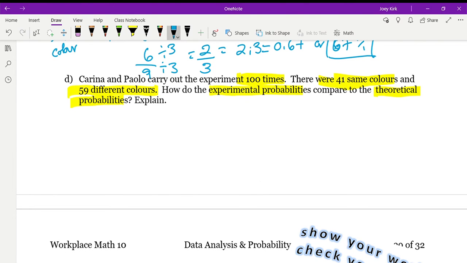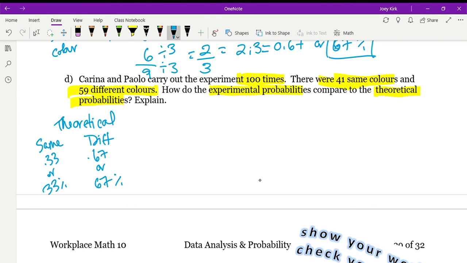So the theoretical probability is what we just figured out, right? The theoretical probability for the same color was 0.33 or 33%, and the theoretical probability for getting different colors was 0.67 or 67%.